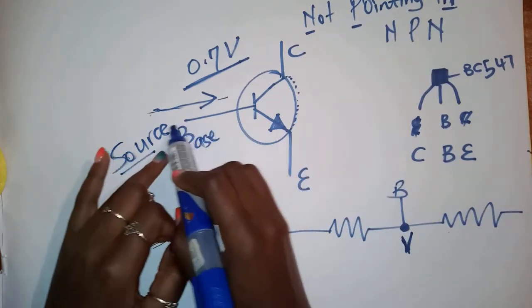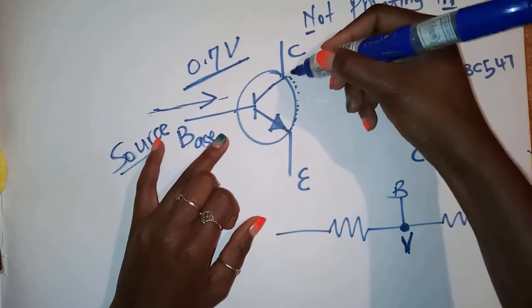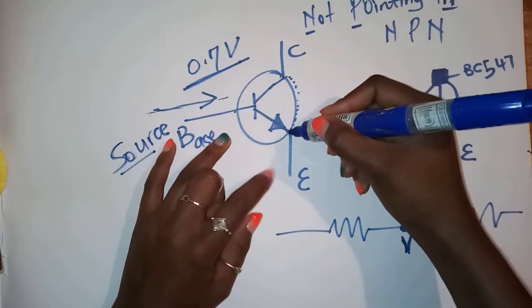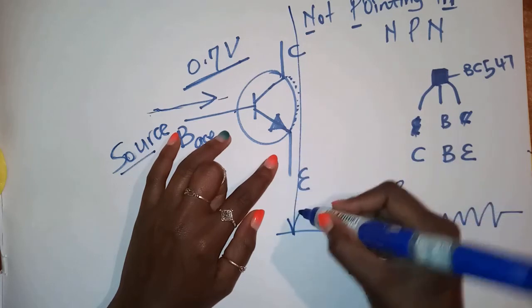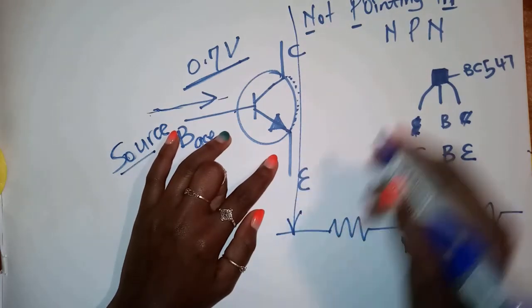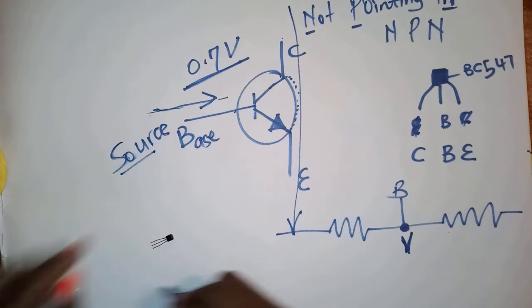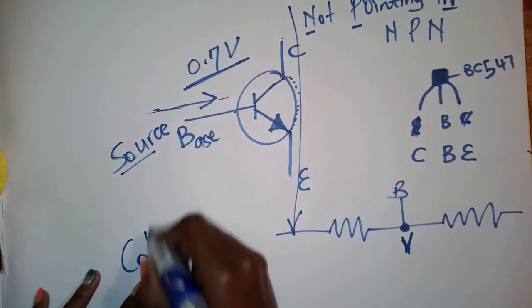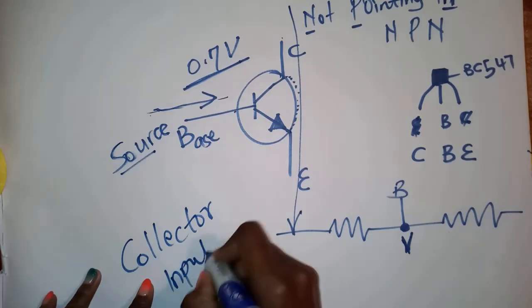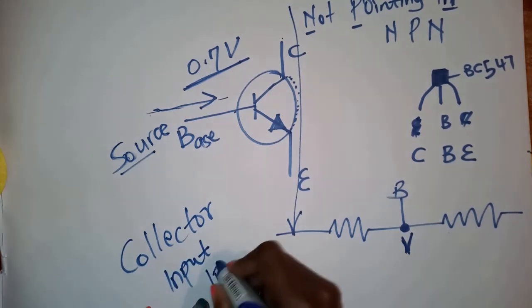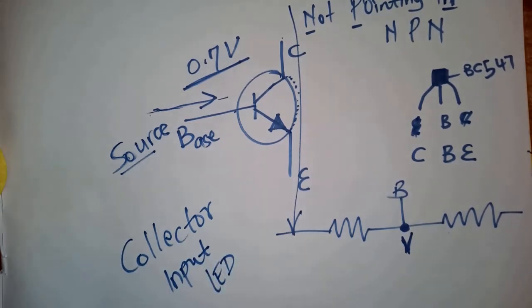Whenever a voltage is applied, it's like a short circuit is created here, and therefore current flows from the collector to the emitter. The collector is connected to the input, and so in our case to the LED, and the emitter is grounded.